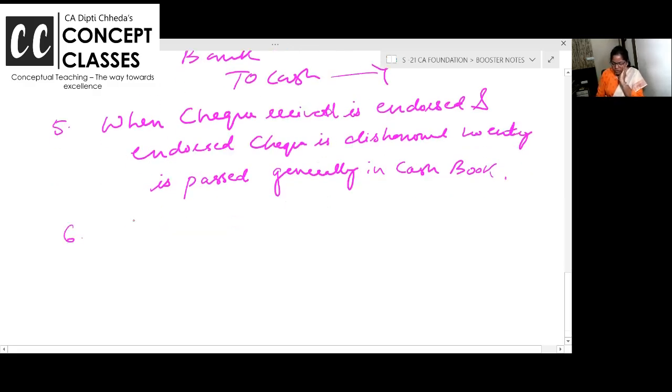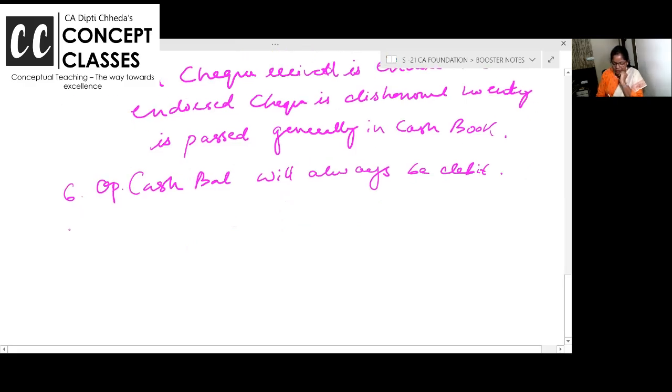One more point you should remember, cash balance opening. Opening cash balance will always be debit. Yes or no? Whatever cash you have, you are going to spend. Last one.